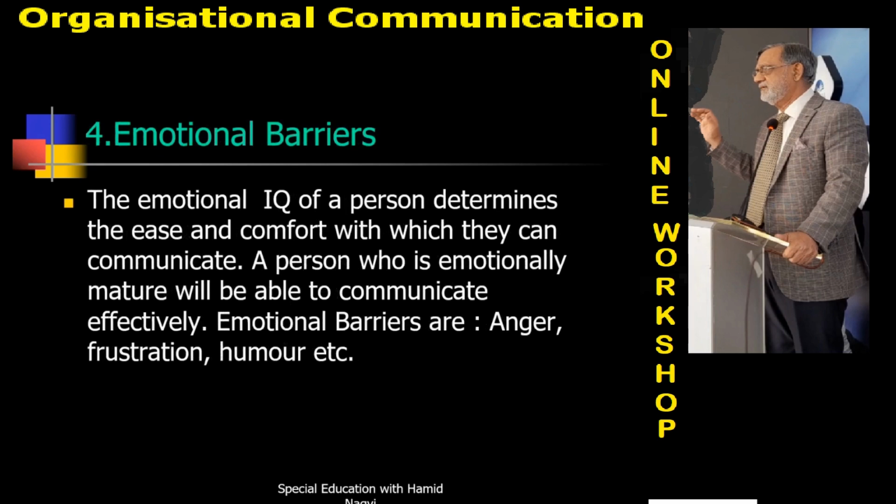Emotional barriers, maybe somebody is in anger, somebody is totally frustrated, or somebody is in a humorous mode, or somebody is in such an emotion, maybe sadness, maybe anger, that he cannot speak well or he cannot understand well.